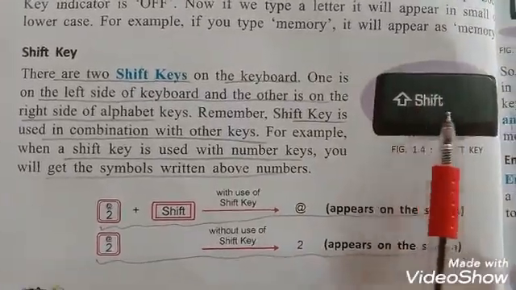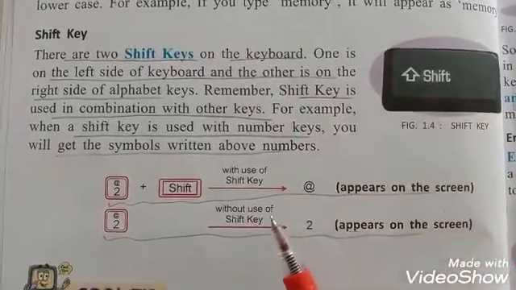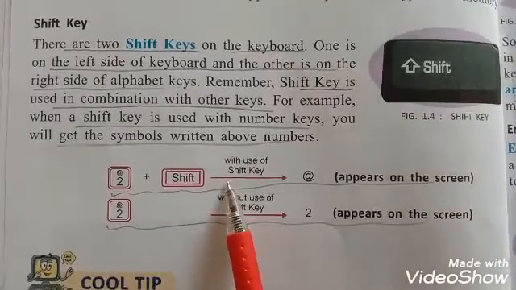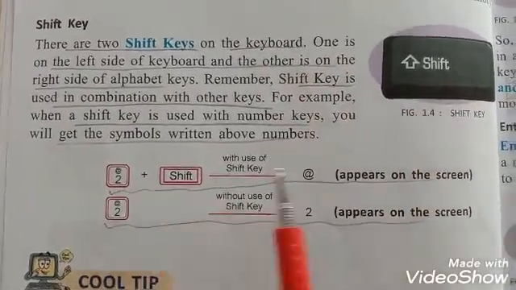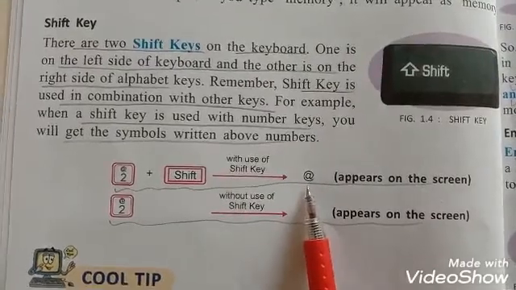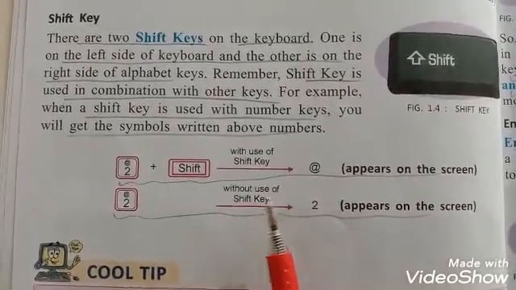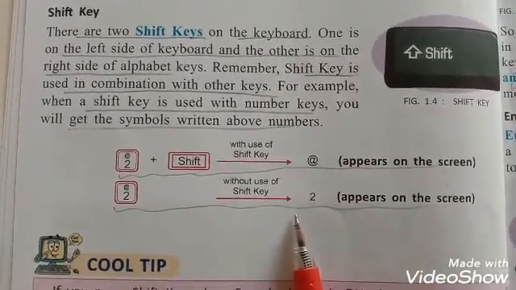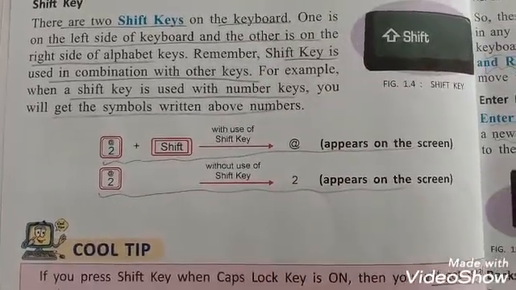And shift key is used in combination with other keys to perform some specific task. With the use of shift key, this sign appears on screen. Without use of shift key, this sign appears on the screen.